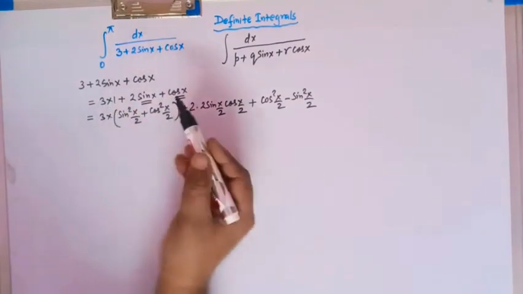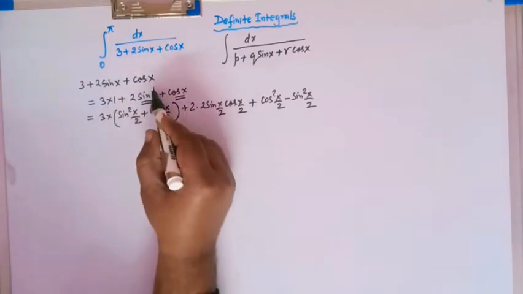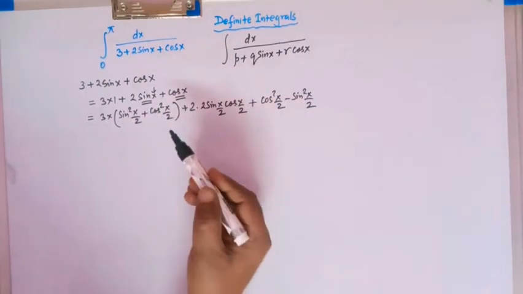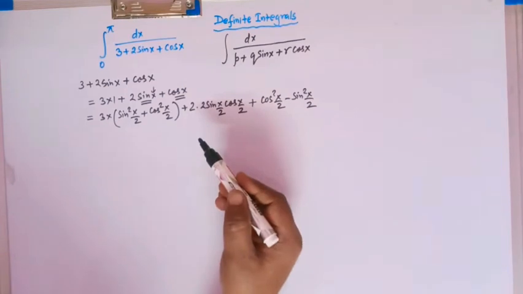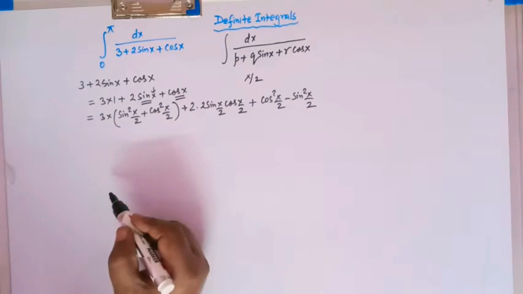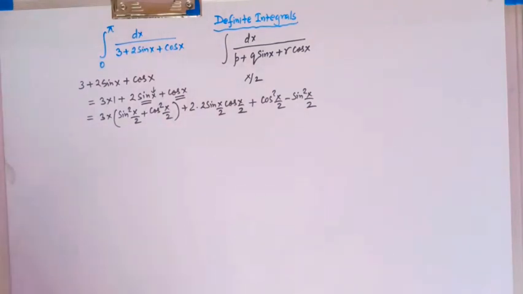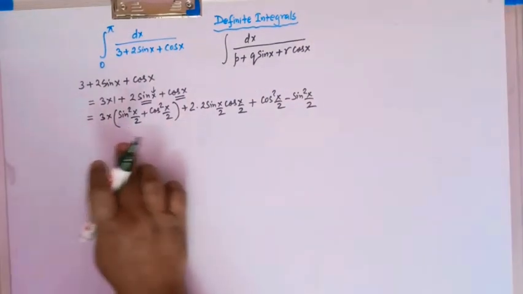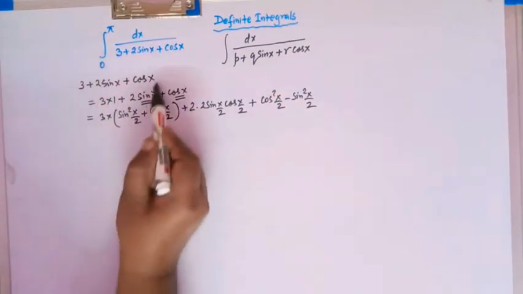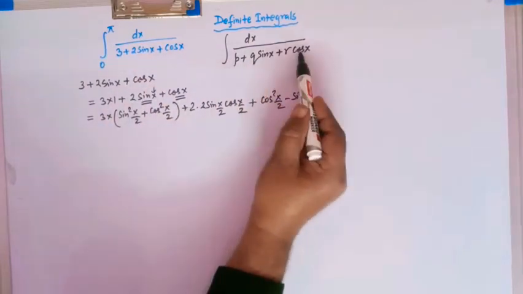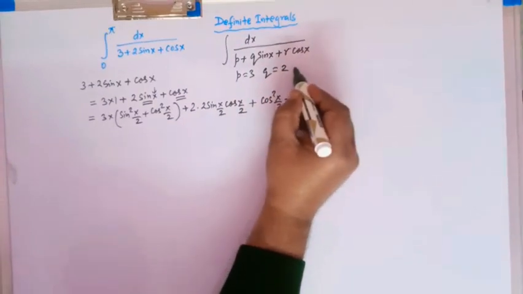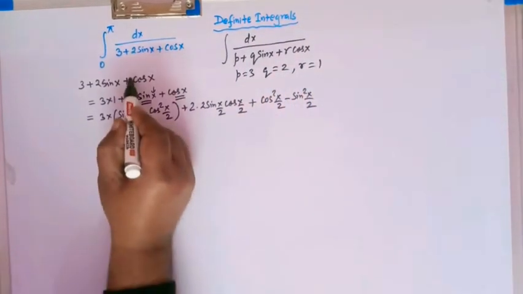In the original integrand we have the angle x, and now we are using the trigonometric identities in which the half angle x over 2 is involved. We have expressed this denominator which is of this form, where p is 3, q is 2 and r is 1.